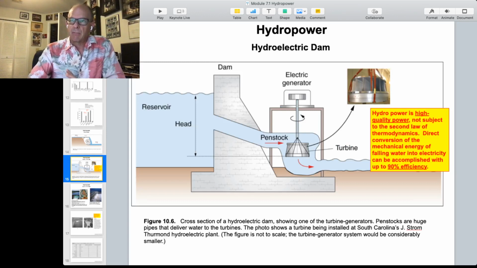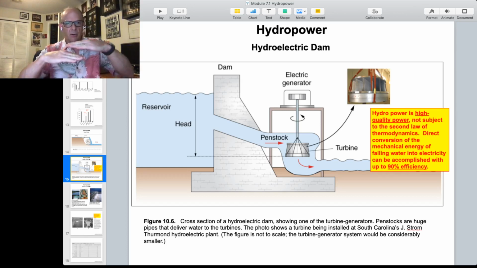But now we can use that to be the turbine that is turning in an electric generator. So you build a wall or a dam that causes water to pile up behind it, and that increases the value of H in the equation for gravitational potential energy.